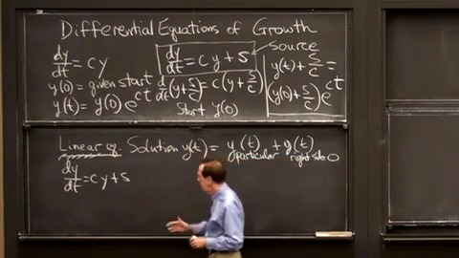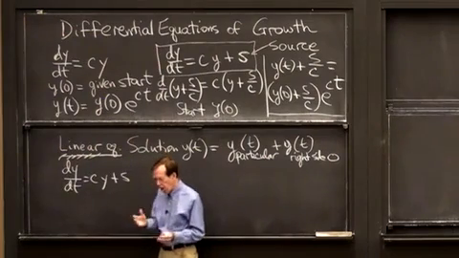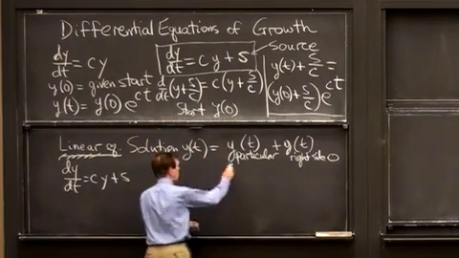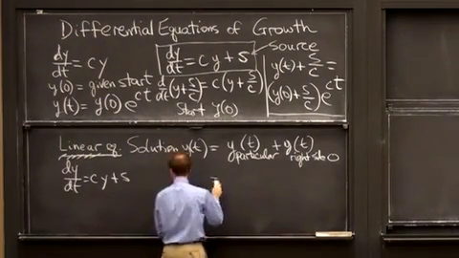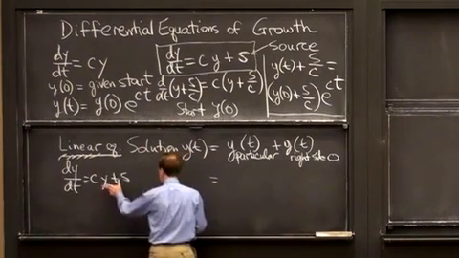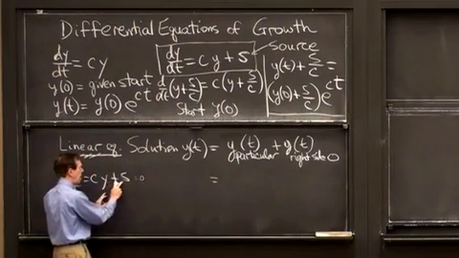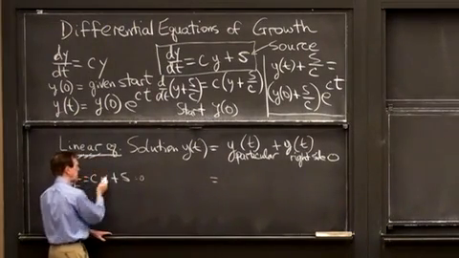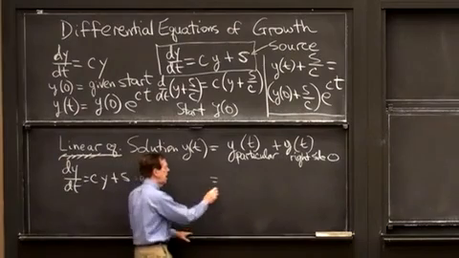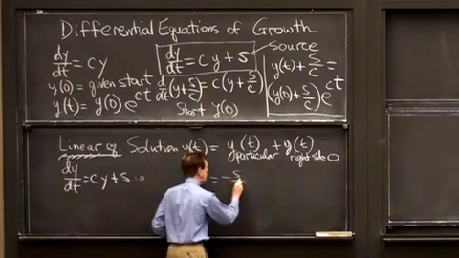I want the equation to be solved. I claim that a particular solution is the constant y, so when I set that momentarily to 0, I'll move the s over as minus s, I'll divide by the c, and I'll have a minus s over c.